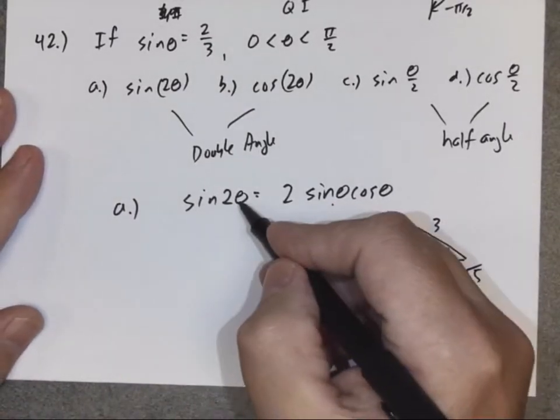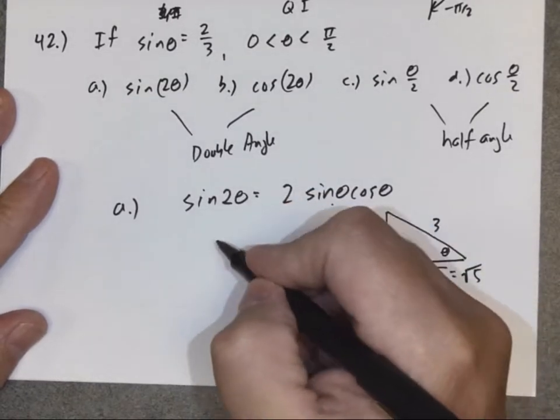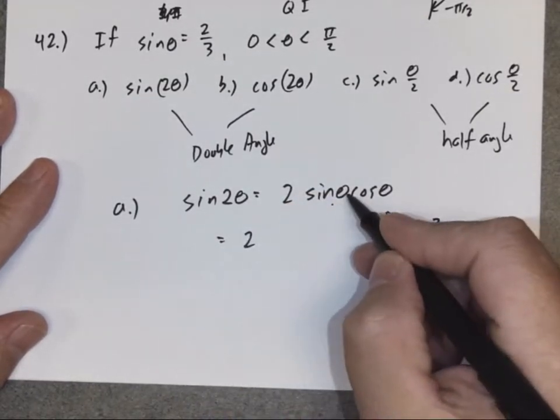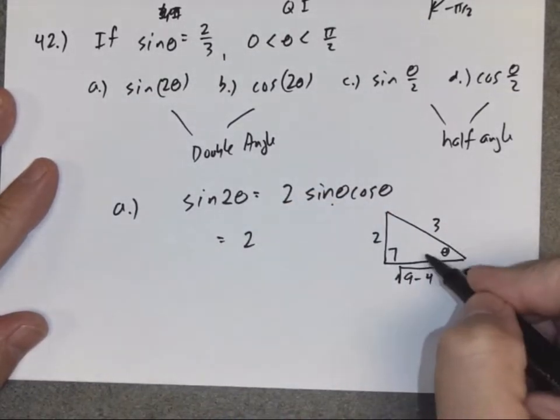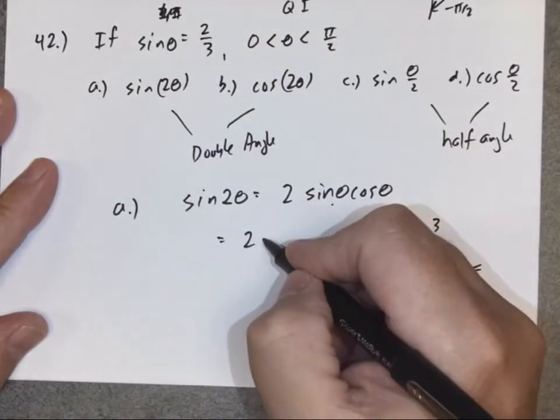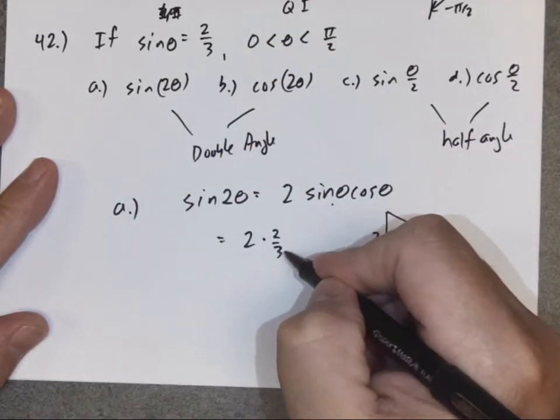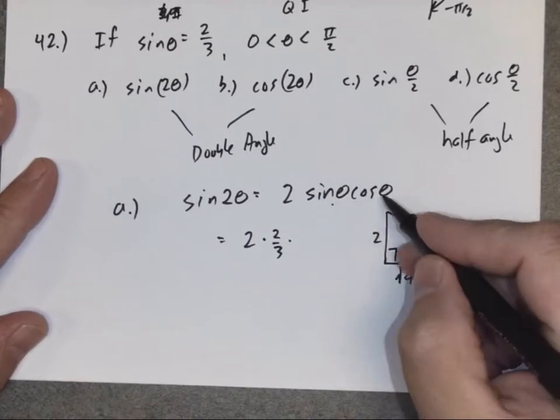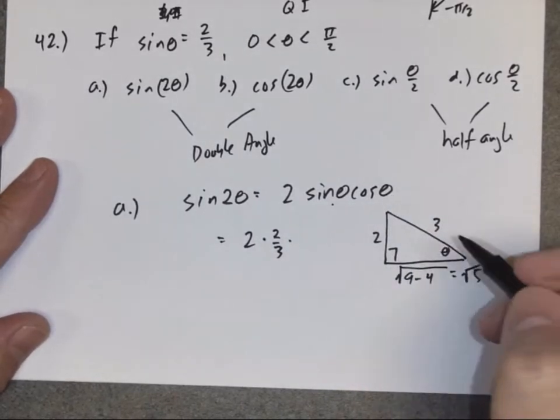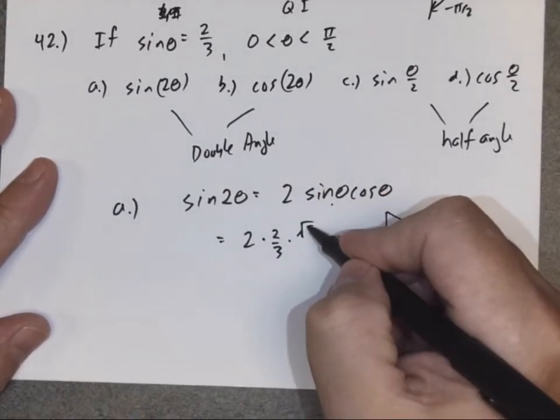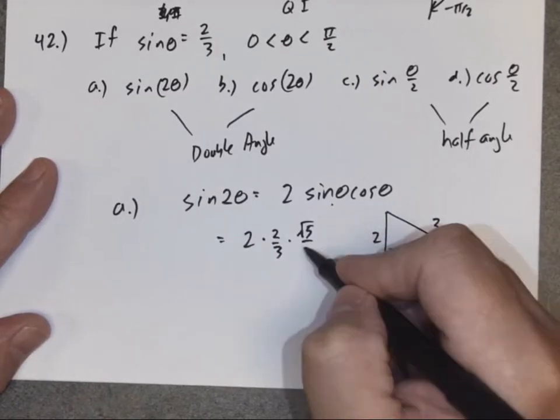So now look, sine of 2 theta is 2 sine theta cosine theta. 2 sine theta, we can either get from here or just go up here. And then cosine theta, so CAH is adjacent over hypotenuse.